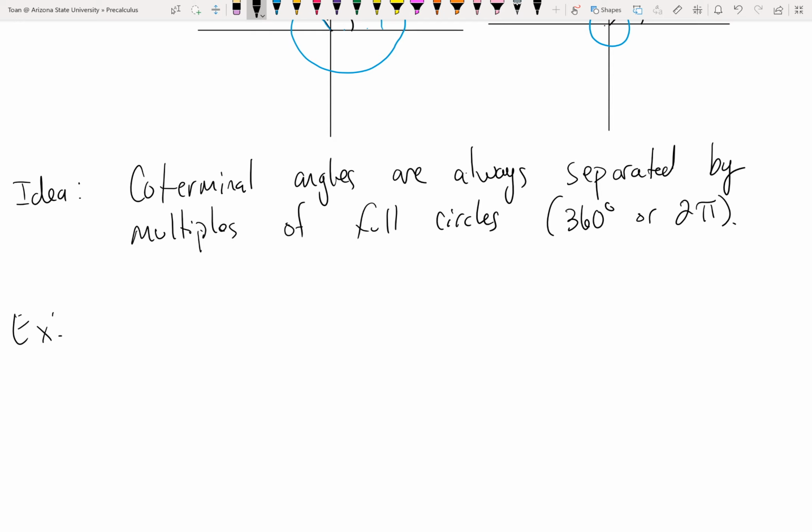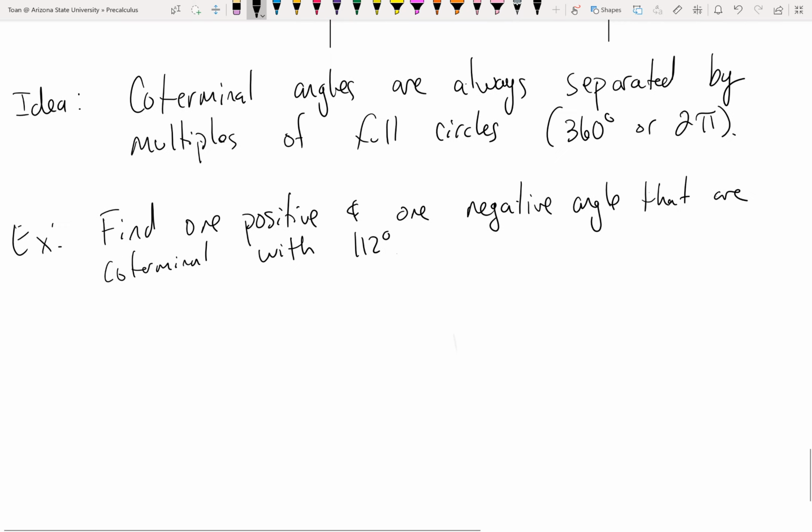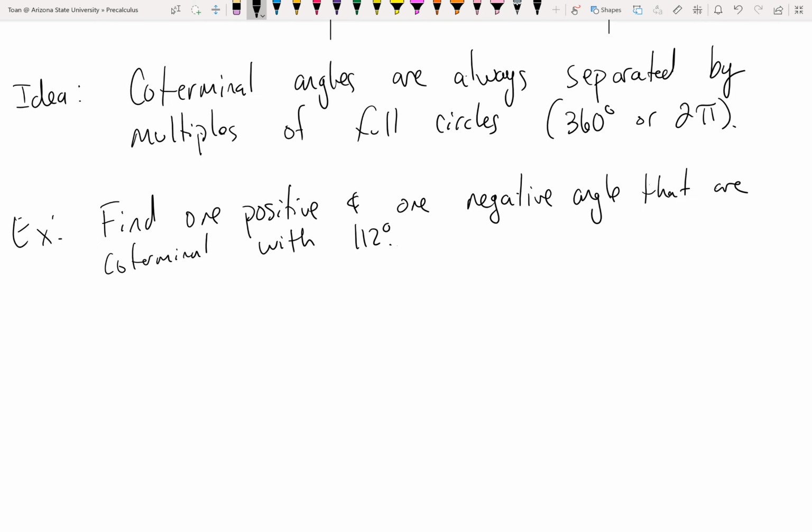For example, suppose I ask you to find one positive and one negative angle that are coterminal with 112 degrees. Well, that's easy.